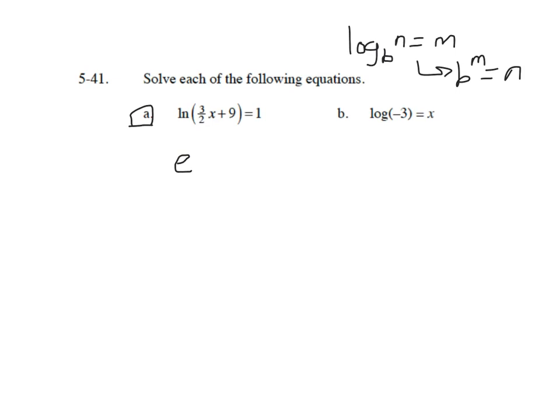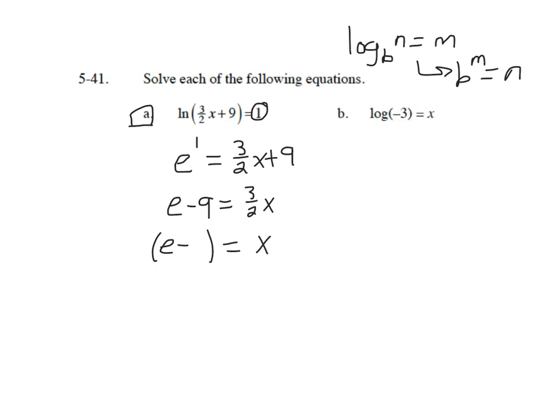So e raised to the first power has to equal 3/2 x plus 9. Now solve for x. Subtract 9 from both sides, and then multiply by 2/3. So x equals e minus 9 times 2/3.